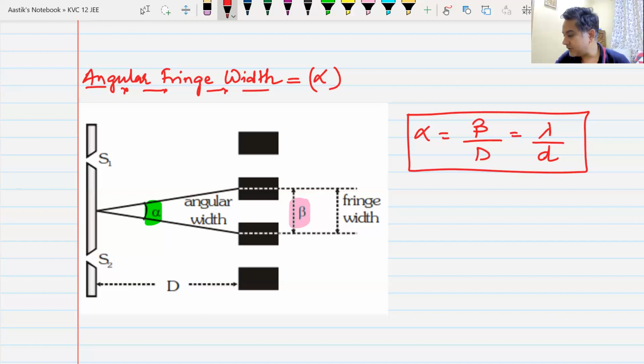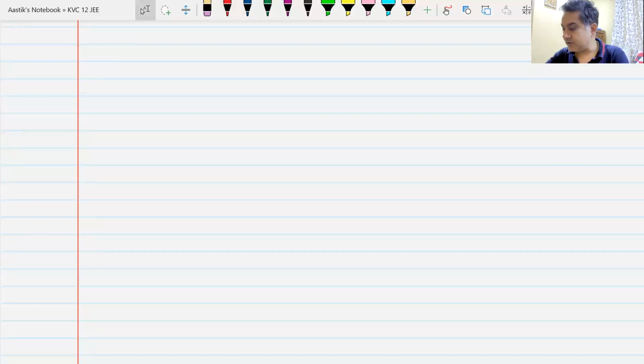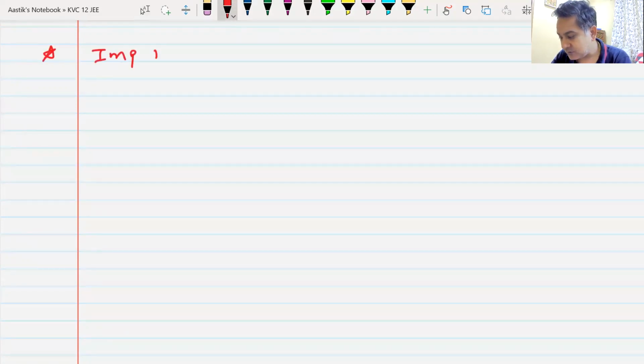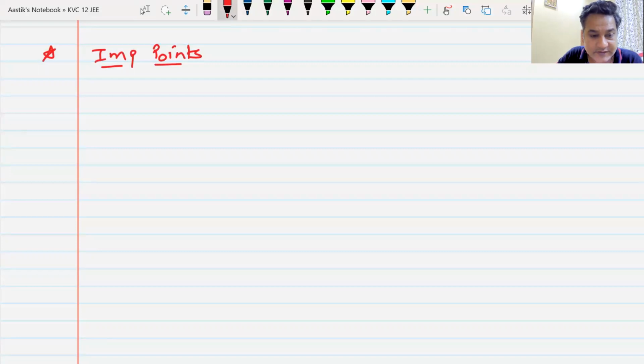Have you noted it down, beta? Angular fringe width. Yes, sir. Okay, then we shall note some important points about fringes, and we are going to cover everything that has come up till now in any exam with these important points. All these are not just important points, they are questions that have come in the examination hall.